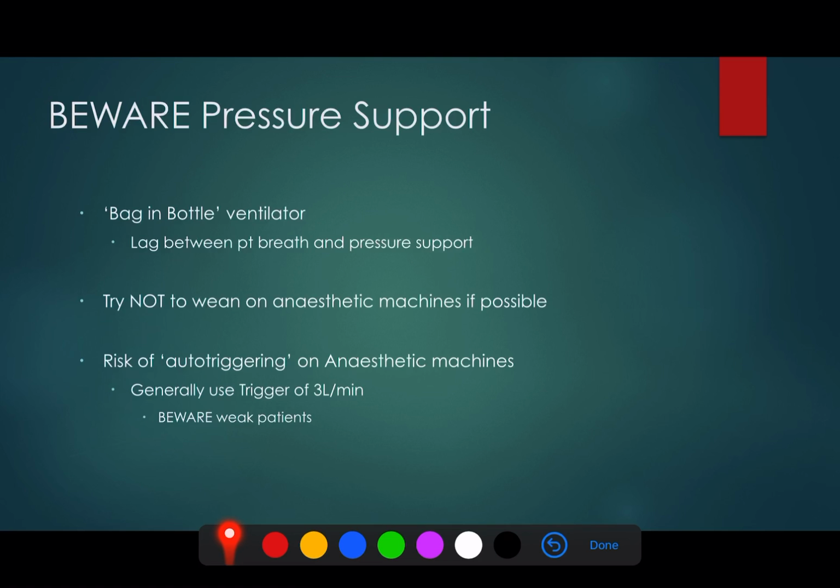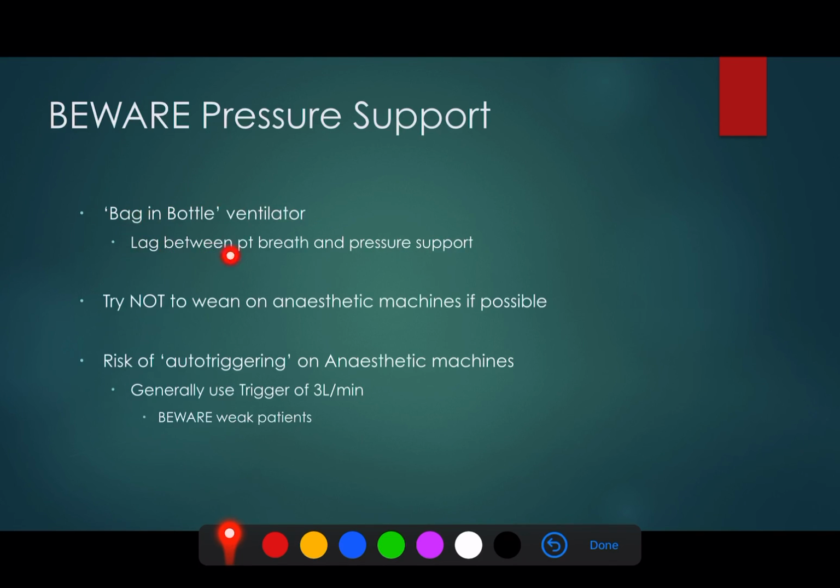Of course, they're both, in theory, the same thing. But with the bag-in-bottle type ventilator, so the bellows ventilator, there can be a lag between the patient taking a breath, the ventilator thinking, oh, he's taking a breath, and then giving a bit of support because of that lag in actually pushing those bellows down.